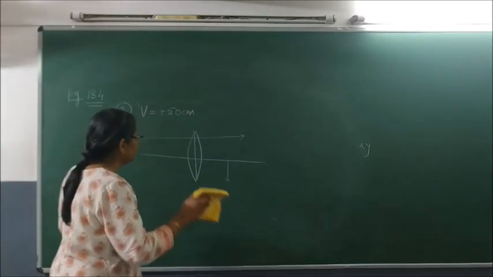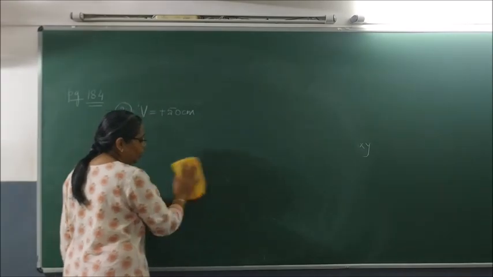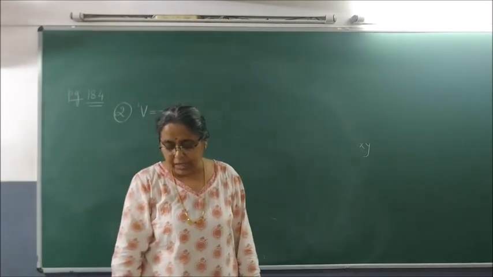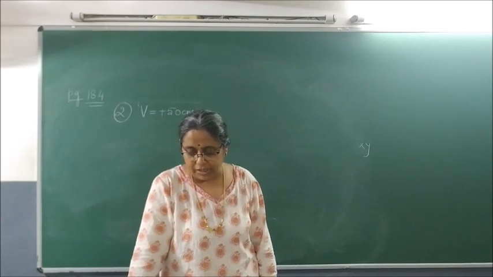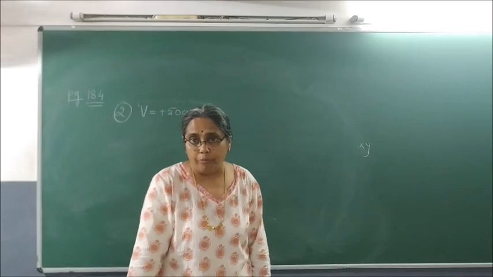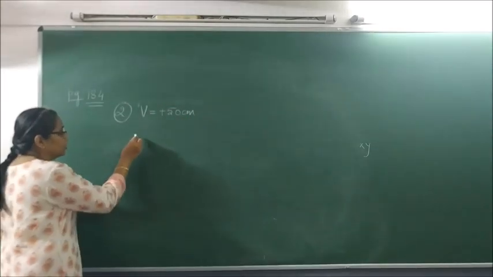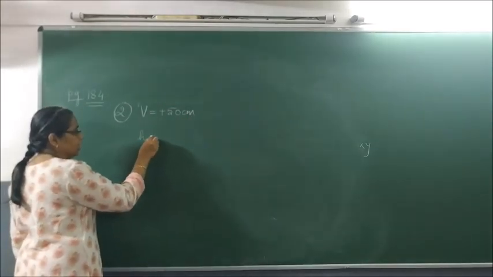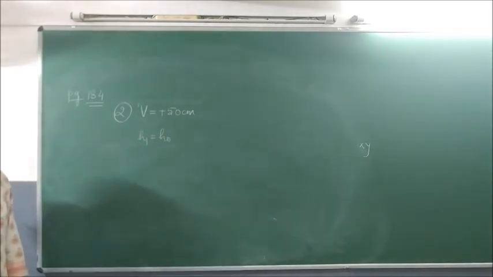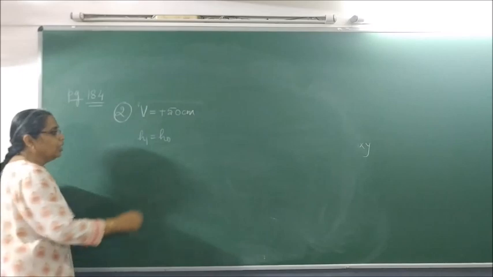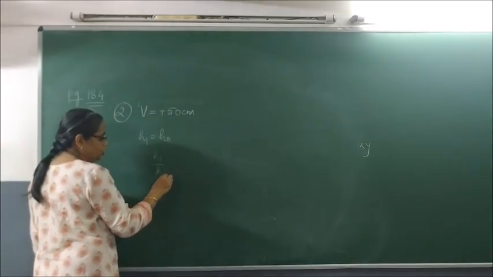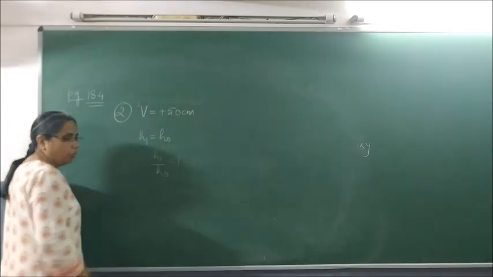We will read the problem once again so that nothing else is given. Where is the needle placed in front of the convex lens if the image is equal to the size of the object? Second logic: hi, the size of the image, is equal to ho, the size of the object. So hi/ho is equal to 1.